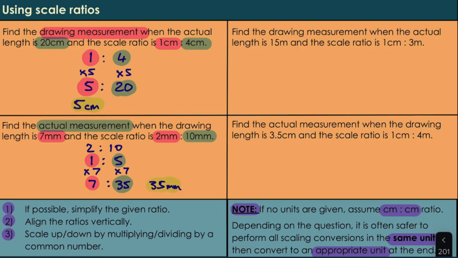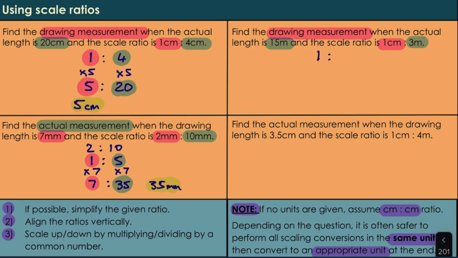Third example, find the drawing measurement. The actual length is 15 meters and the scale ratio is 1 centimeter to 3 meters. Now in this question we must remember we want the same units. As we can see, we have our ratio with 1 centimeter to 3 meters. Let's first convert that.